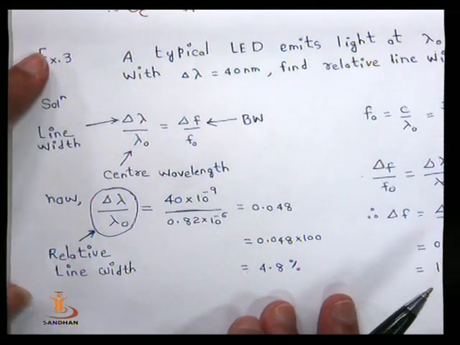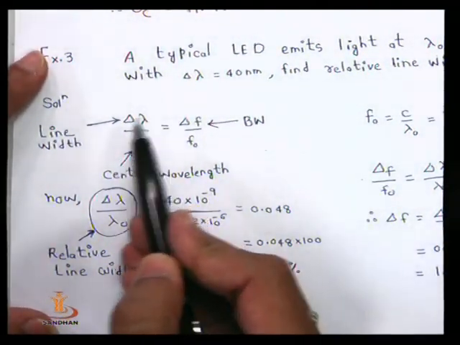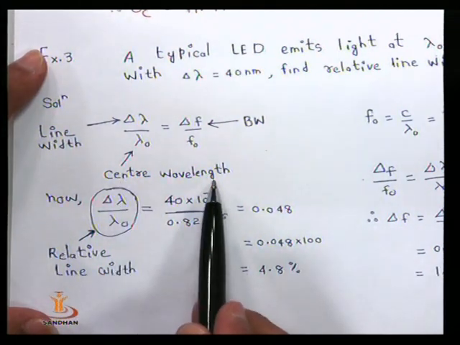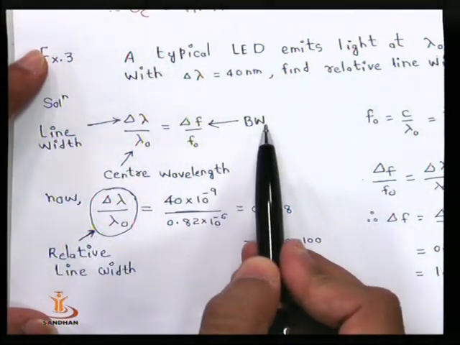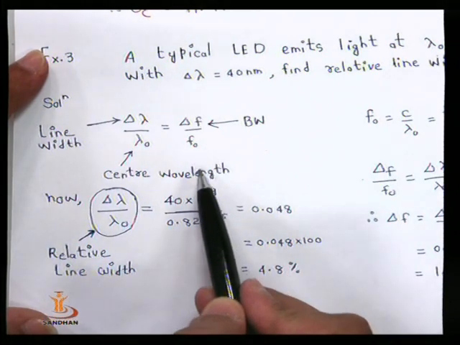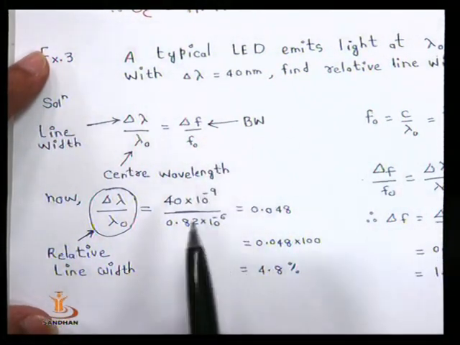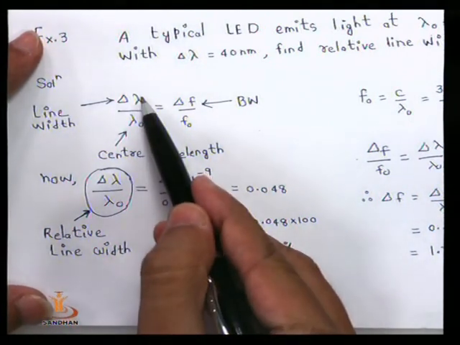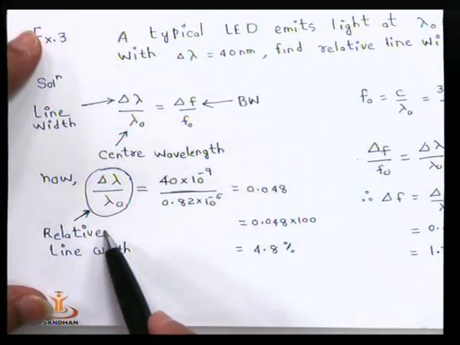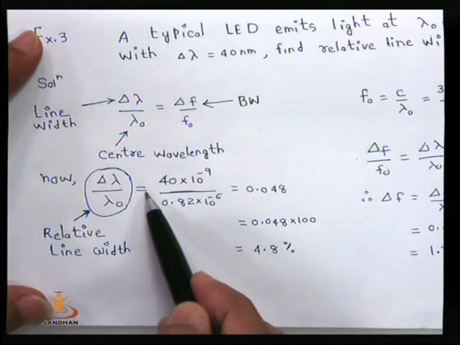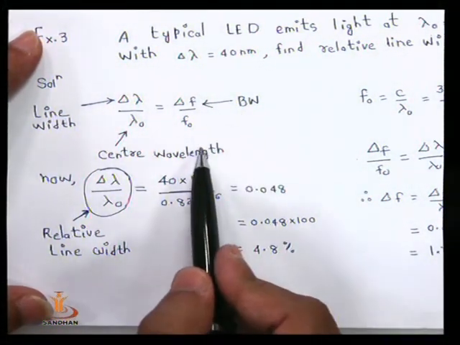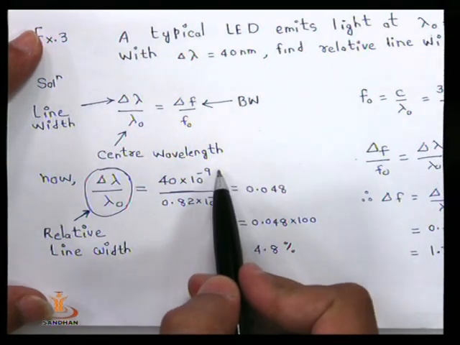Now here the meaning of del lambda is the line width, lambda 0 is the center wavelength, del f is the bandwidth and f0 is the center frequency. One can say del lambda by lambda 0 is the relative line width, equal to del f by f0. These two parameters are already given in the numerical.